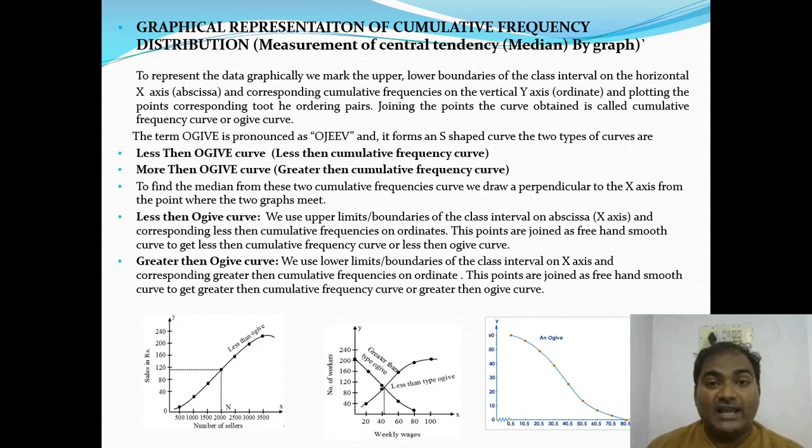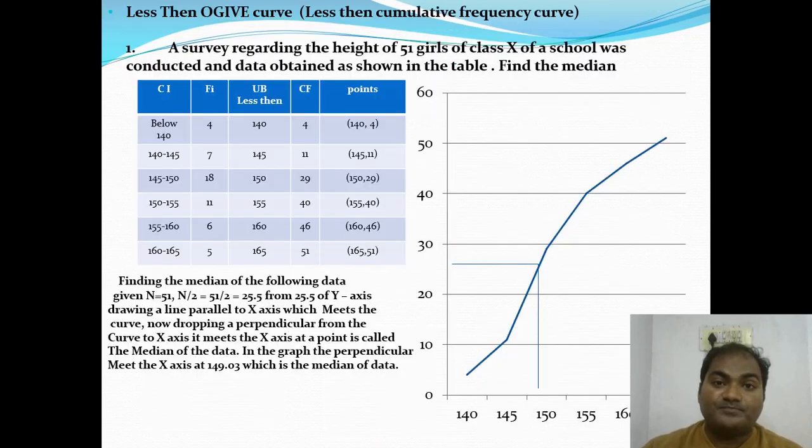So let us get into each graph elaborately. First, we are going to discuss the less than ogive curve. I have taken an example of a survey regarding the heights of 51 girls of class 10th, and we have obtained the data, and we are going to find the median from this given data. How? I have the class intervals, I have the frequencies.